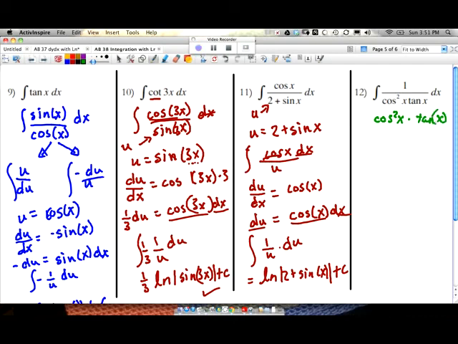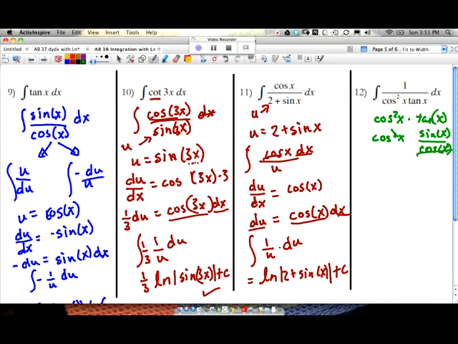Well, tangent is sine over cosine. So one of these cosines, we get rid of that one. Then we'd have sine and cosine.